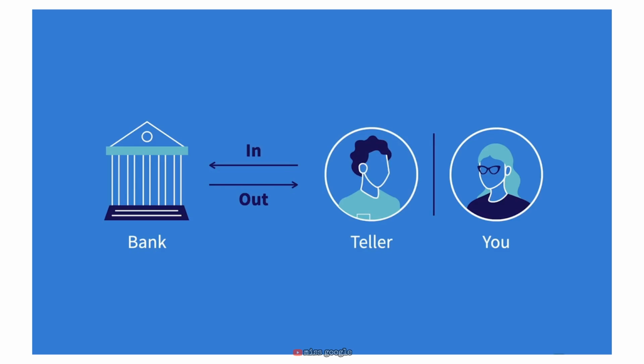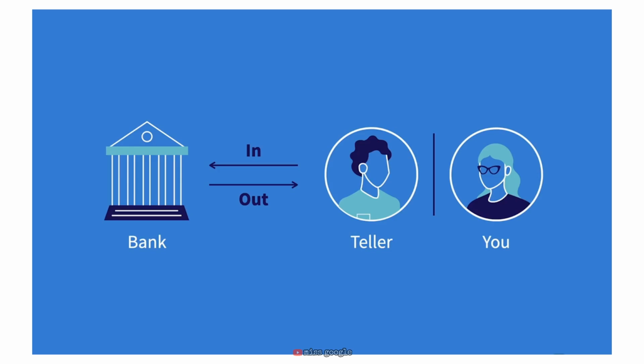And if you want to get money out, again, you talk to the teller, who authorizes you, makes sure that you have enough money in your account, that there are no problems, and makes sure the bank has enough money to pay you. Then they take that money out, give you your money, and you go your way. The teller acts as an intermediary for both putting things into the bank and bringing them back out again.